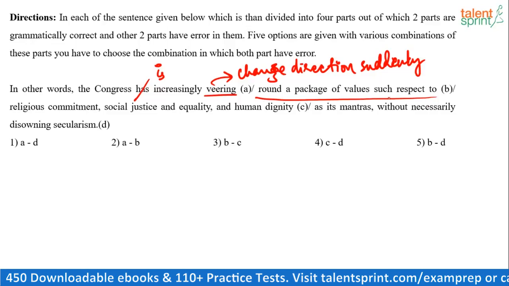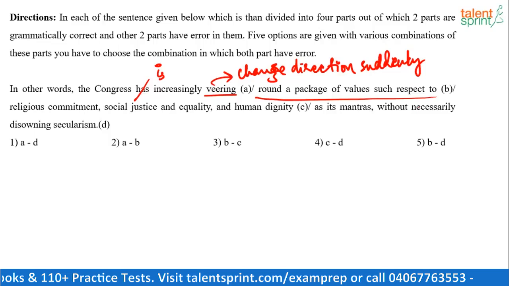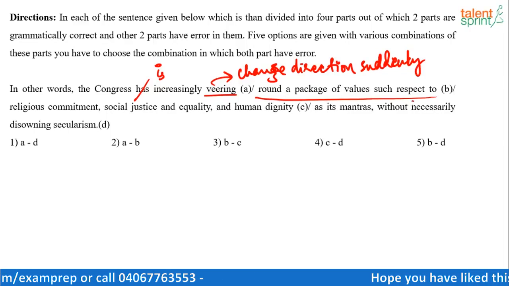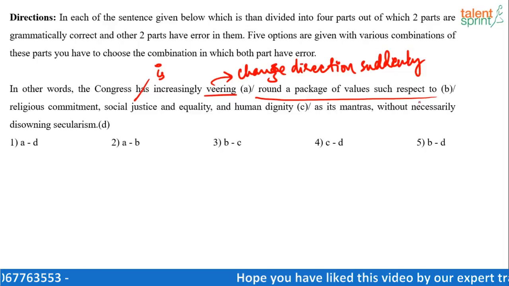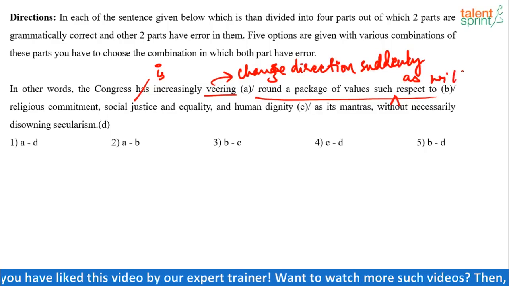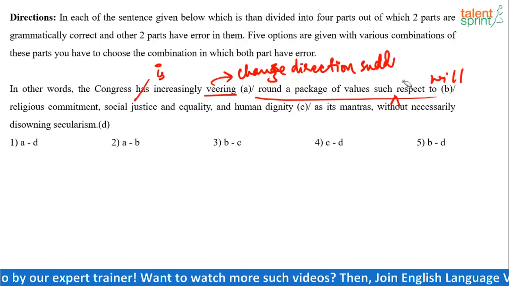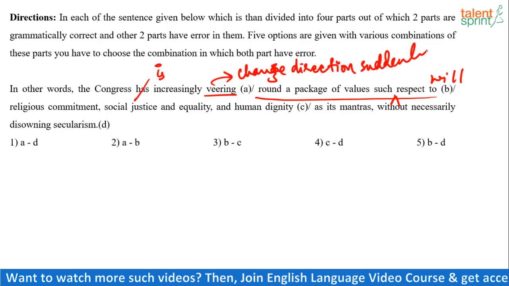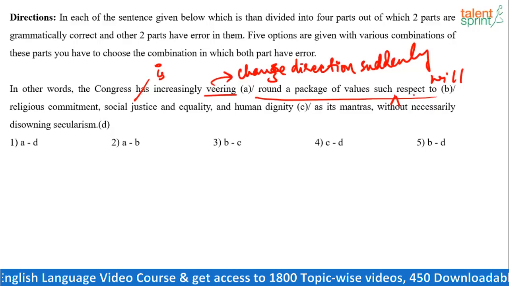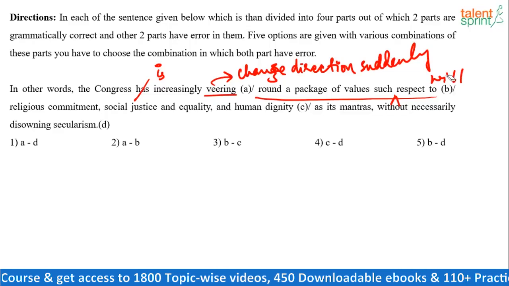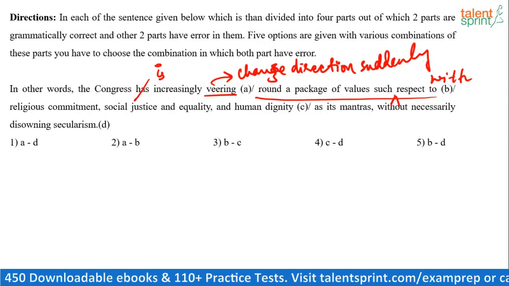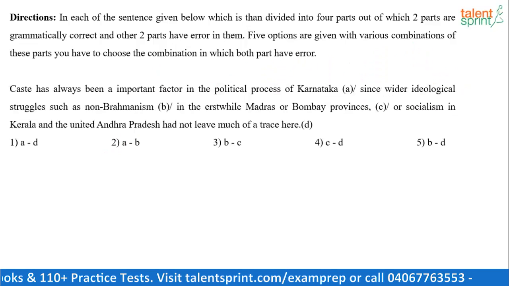Round a package of values, with respect to religious commitment. Right. So the error is in A and B. The right answer is 2, A and B. Moving on to the next one.